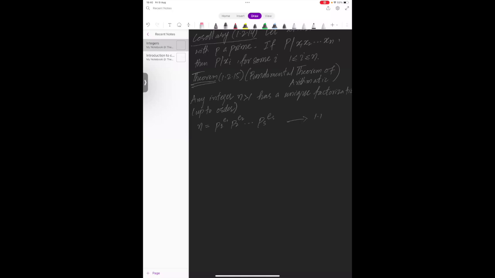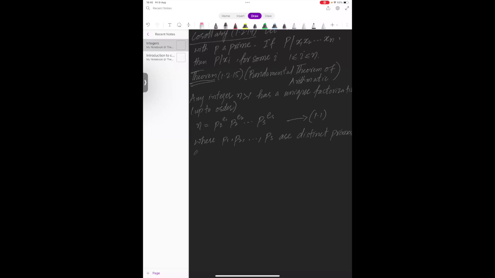This is 1.1, where p1, p2 up to ps are distinct primes, and e1, e2 up to es are positive integers.